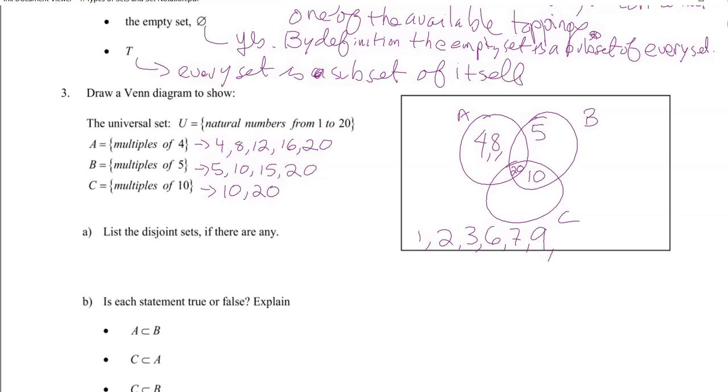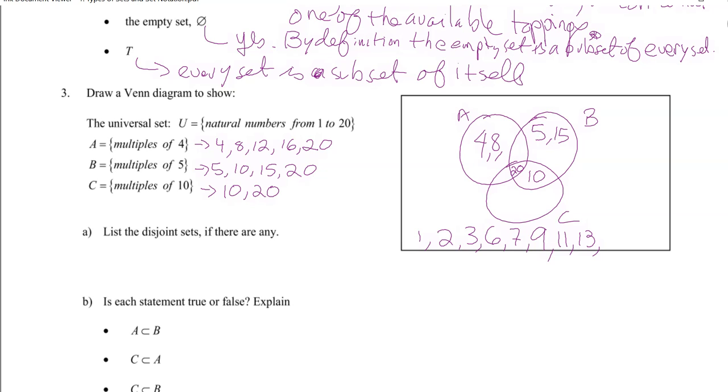It's right where it belongs. It's inside B, it's inside C, so it's in both B and C, but not A. Any odd numbers outside? I'm just going to fill in the rest of the odd. Oh, not all the odd numbers. So 15. 15 will go in just B. Right? We got the 10. So we've done with all the numbers.